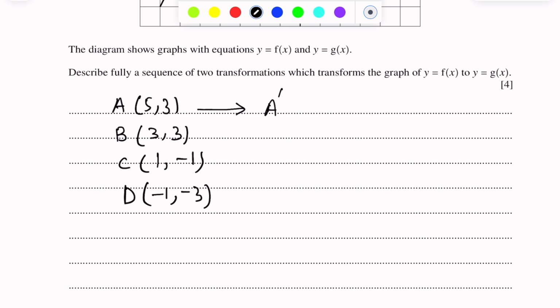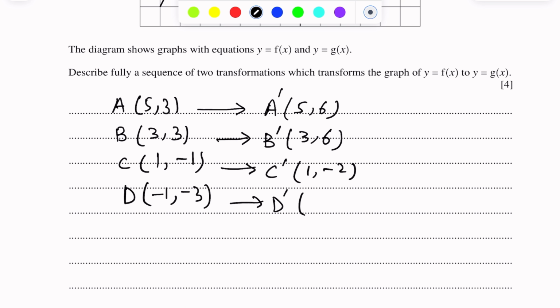A dash will be (5, 6). B dash will be (3, 6). C dash will be (1, -2) and D dash will be (-1, -6).